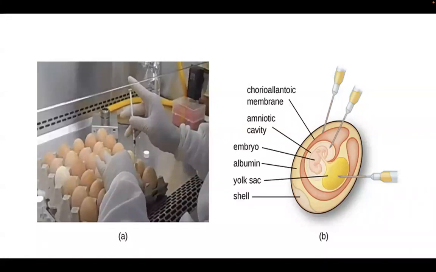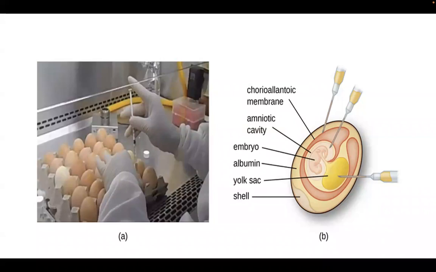And then this particular hole is sealed using paraffin wax. And then the egg is incubated in a sterile cabinet at 36 degrees Celsius for about 9 days. And then after 9 days, it is harvested.